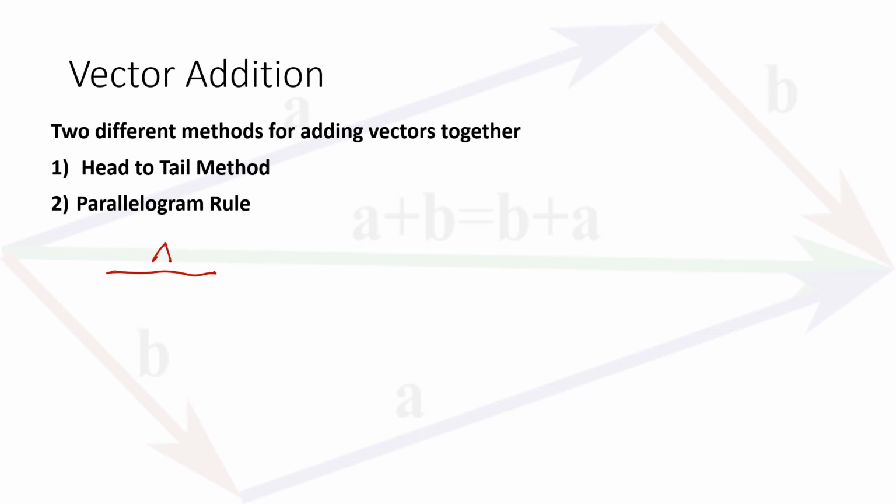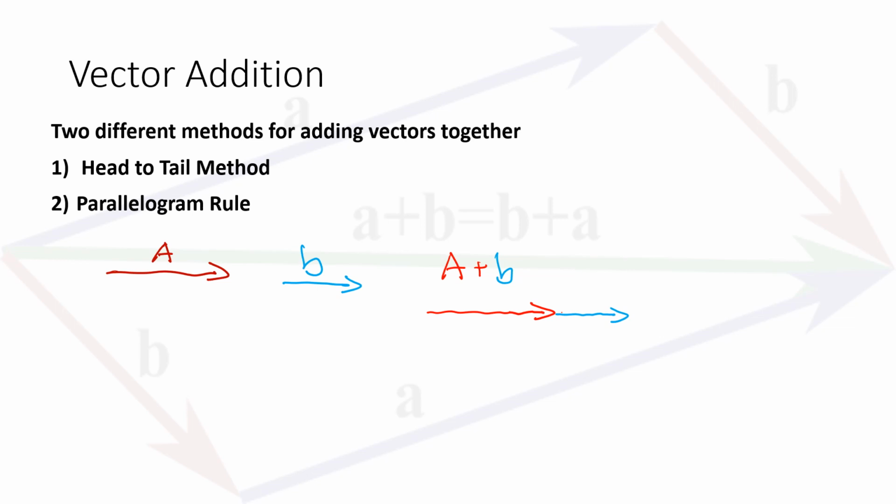If we have a vector A like this, and say we have a vector B like this, okay, and we want to add A plus B, we will take the end of A, the head of the vector there, and put the tail of vector B there, like so, and now this is our sum of A plus B. Pretty simple. Works pretty easily when things are on one axis, but also works when they're not on one axis. They're on different axes as well.